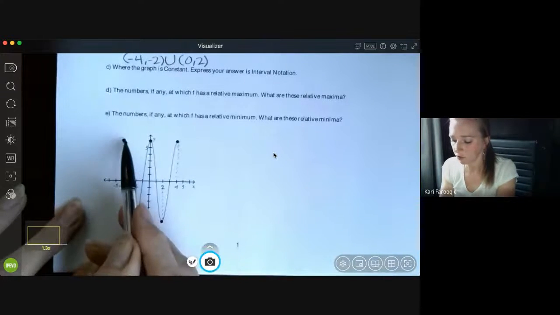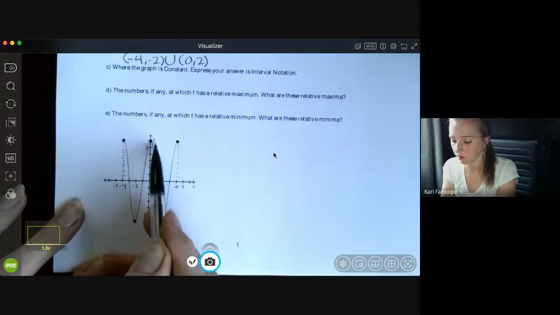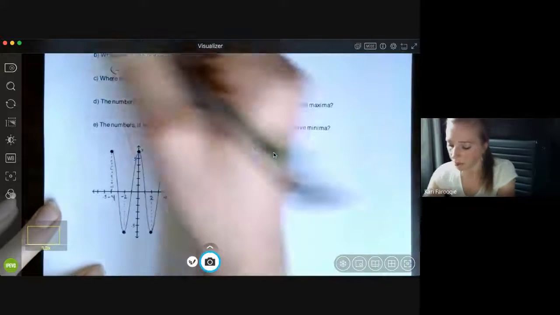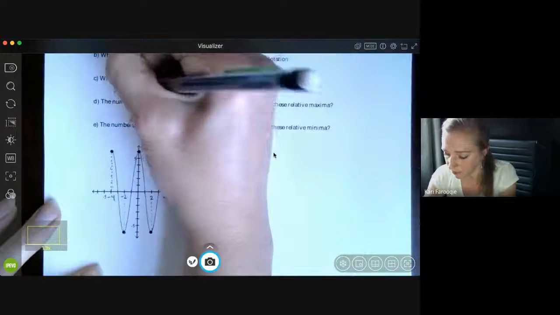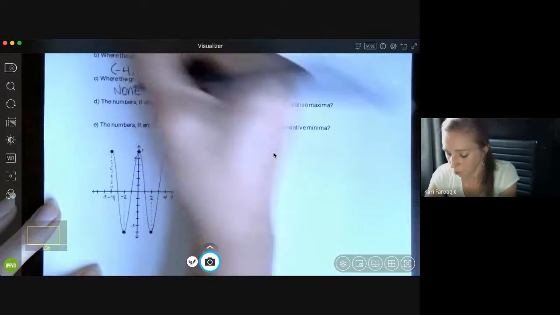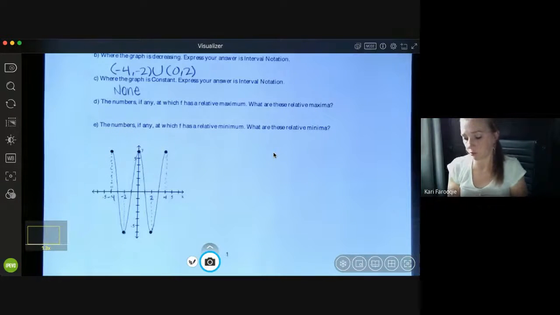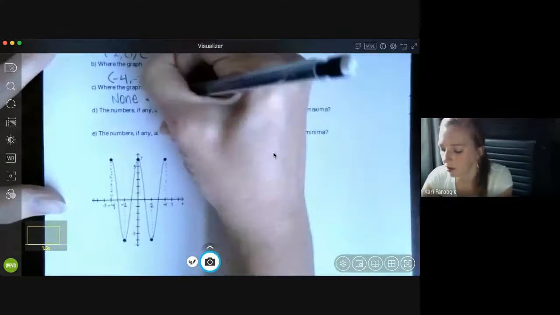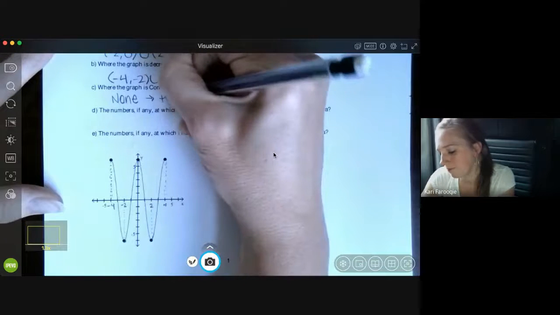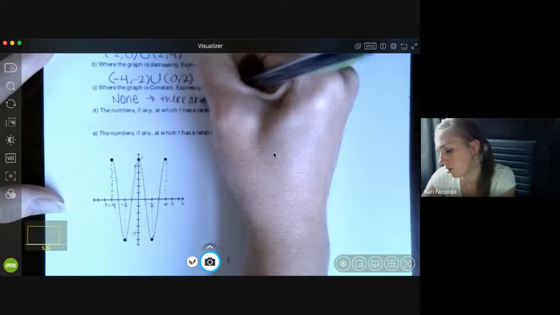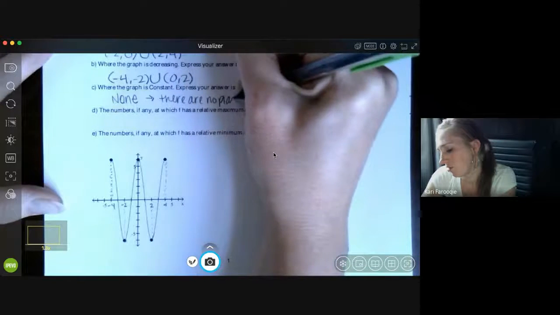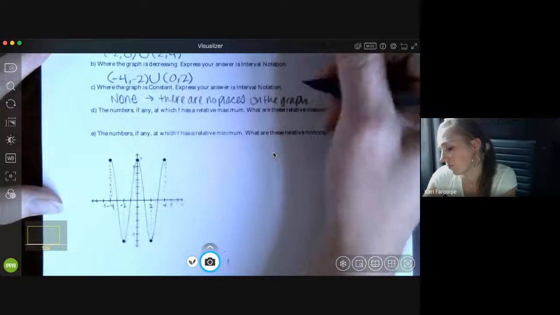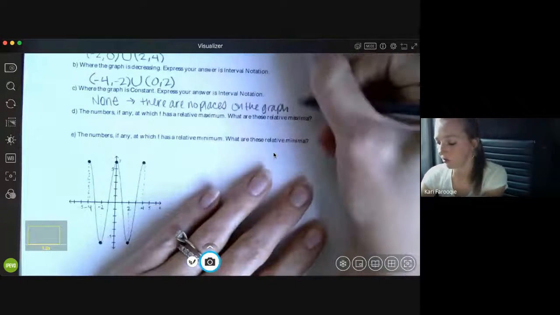You would be looking for a place where your graph looked like it had a horizontal line, and that doesn't occur here. So as far as what the intervals were, there would be none. And if you wanted further explanation, you could say there are no places on the graph with horizontal lines.